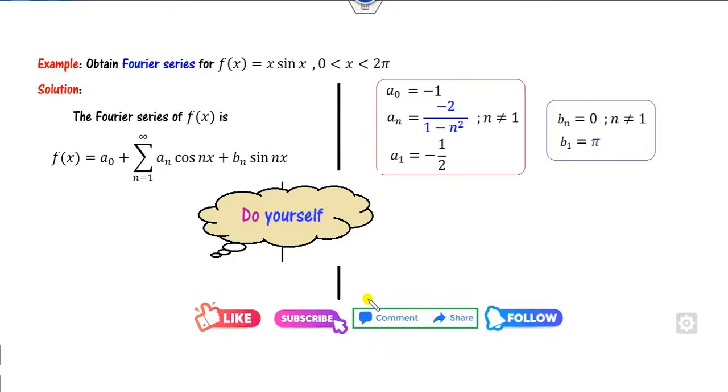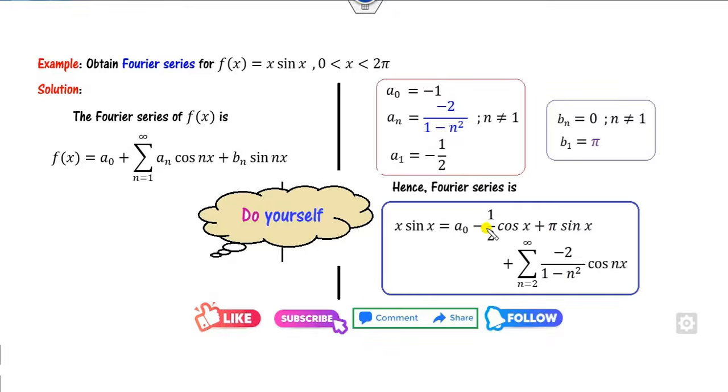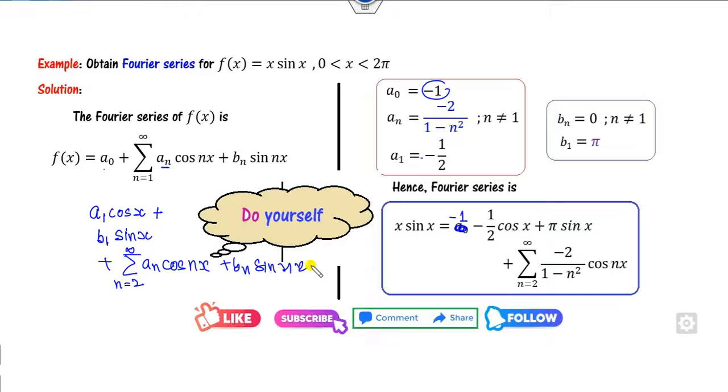And finally your answer will be this one, because a0 is minus 1, a1 is minus 1, I can write a1 cos x plus b1 sin x plus summation n varies from 2 to infinity an cos nx, bn sin nx. I can substitute all those values.